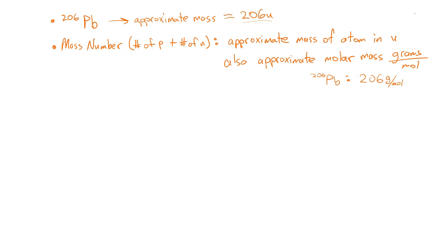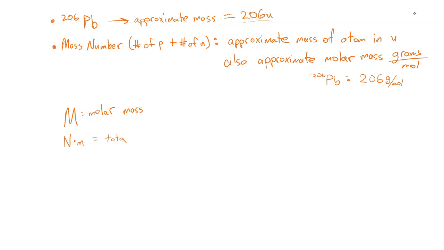Let's describe everything we just talked about with some variables. So molar mass is usually capital M. The total mass of a sample is the number of particles in the sample times the mass of each particle.